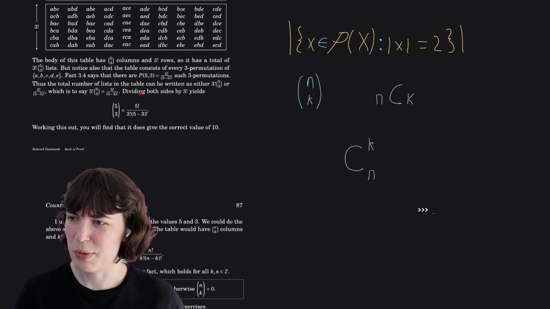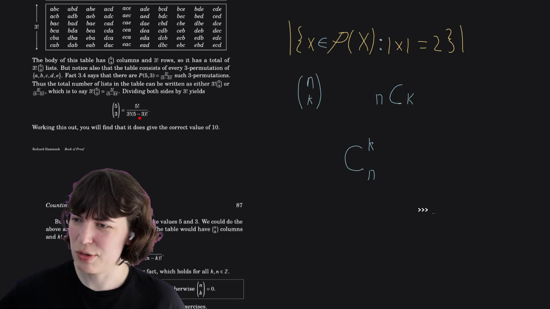Dividing both sides by 3 factorial yields 5 choose 3 equals 5 factorial over 3 factorial multiplied by 5 minus 3 factorial.